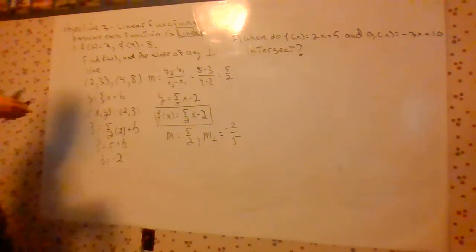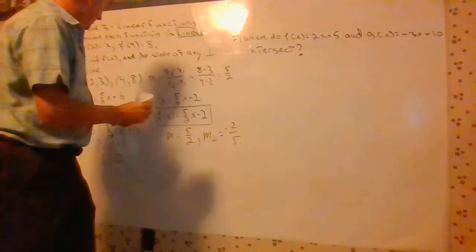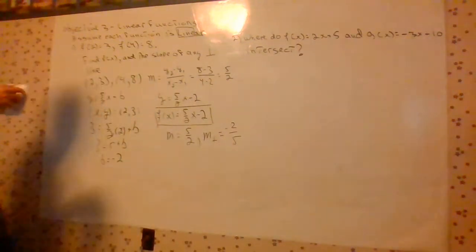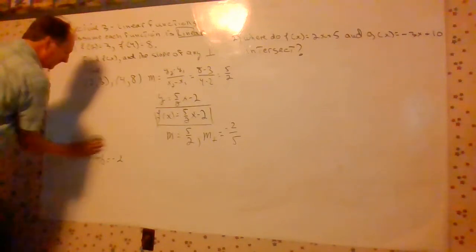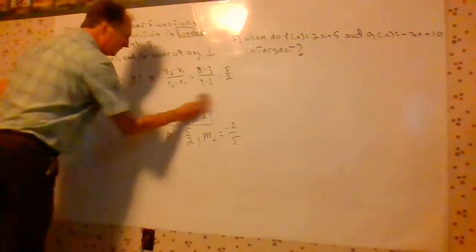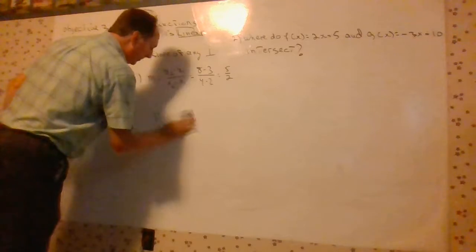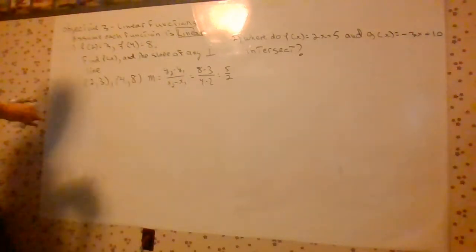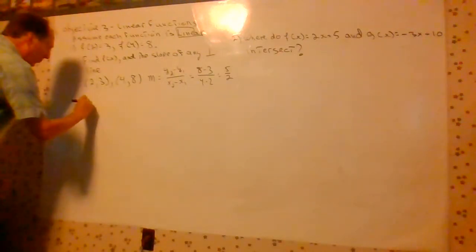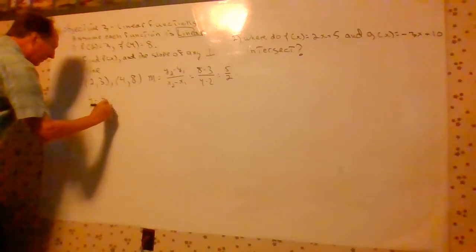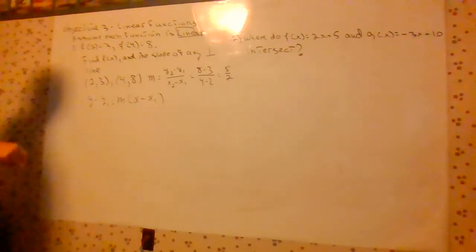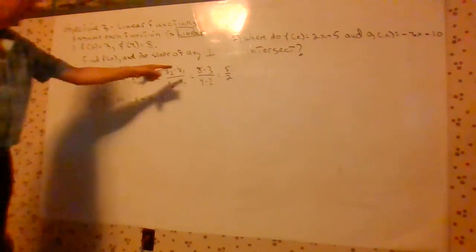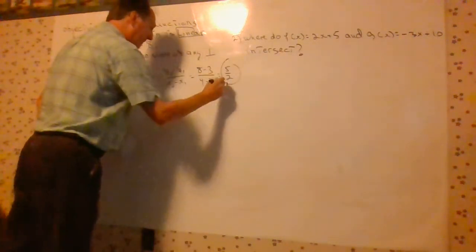That's the first method. Now let me show you a second method while we're on the topic. Each one works equally as well. Instead, we could have said y minus y1 equals m times x minus x1. Now we already have the slope, 5 halves.